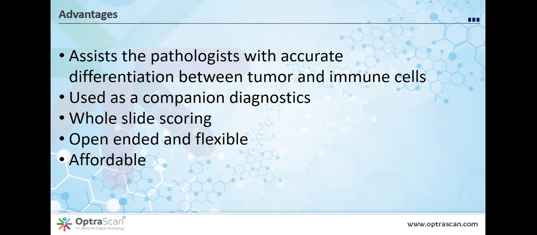But putting the two together, you got 99.5% accuracy. So that's where I see the potential for this. It's not a replacement for a pathologist. It's just an intelligent microscope that can help us perform at a higher level.